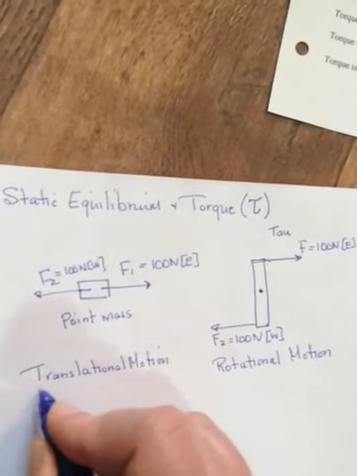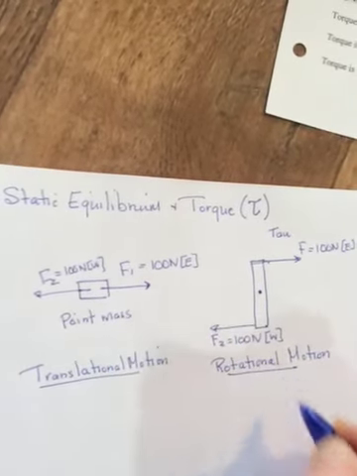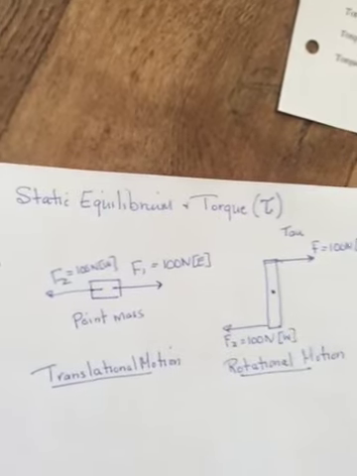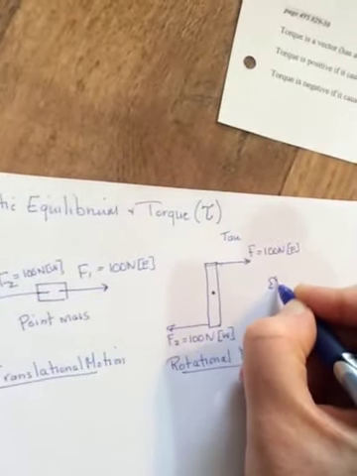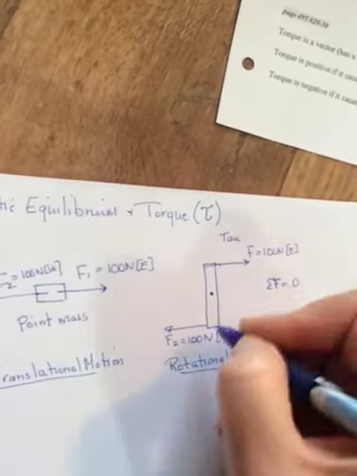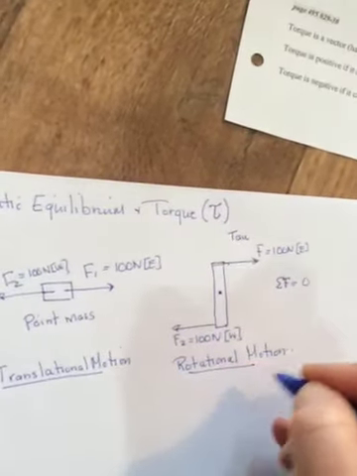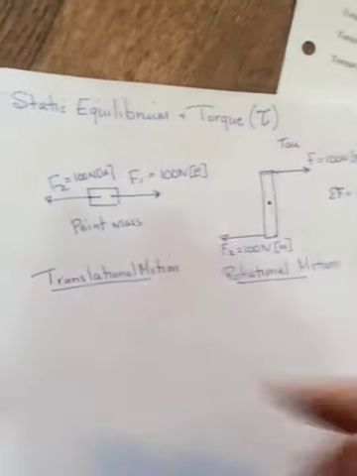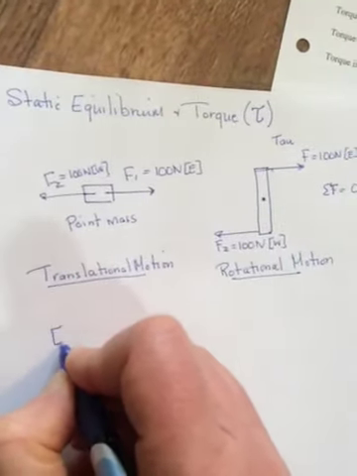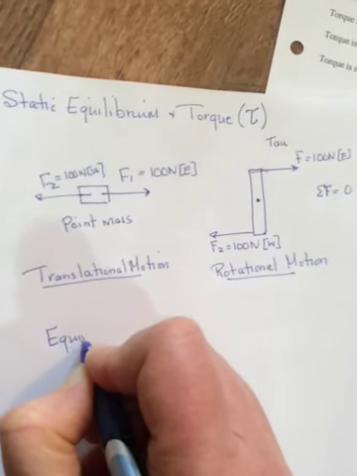And so something can have no translational motion, but could have rotational motion. Something could have the sum of the forces be zero, like they are here, 100 minus 100. But there could still be rotational motion, and that's where torque comes in. Okay, so before we get to torque, we have to go back and look at equilibrium.